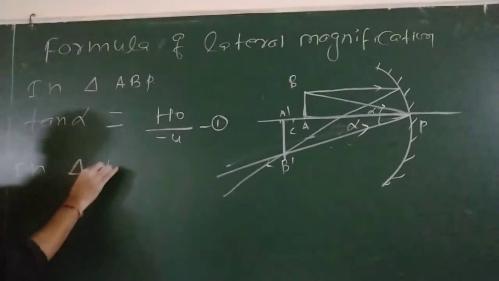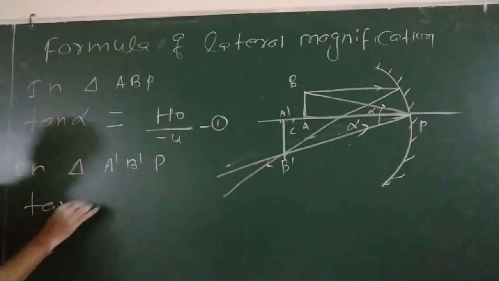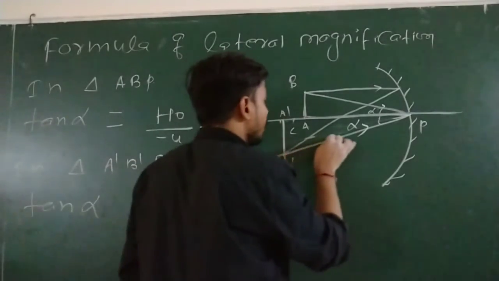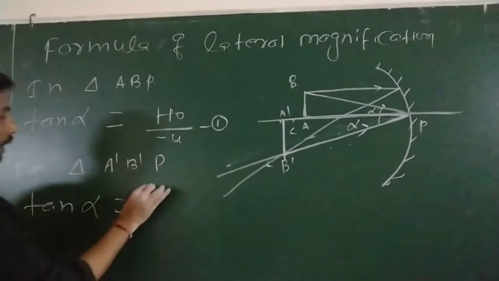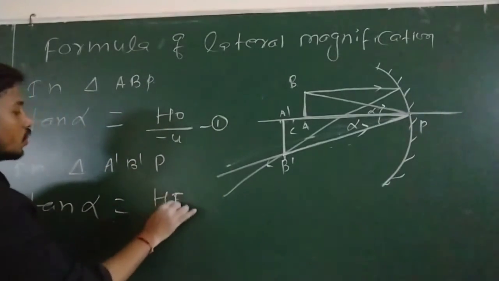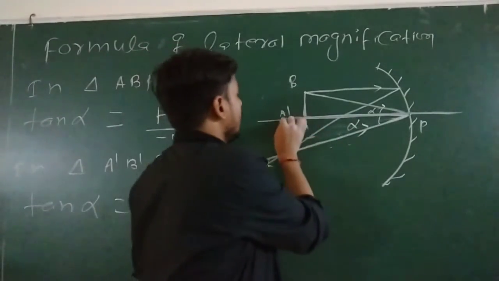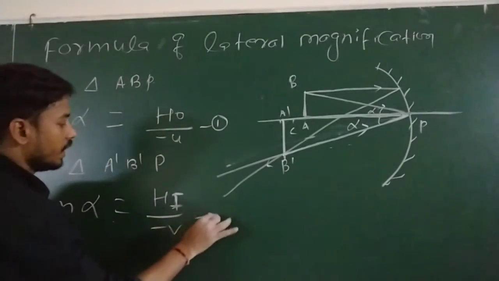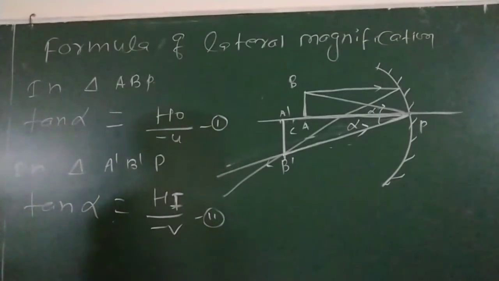In triangle A dash B dash P, tan alpha is equal to the height of image divided by this length, which is minus v, so equation second. Both equations have the same LHS, so we can equate their RHS.